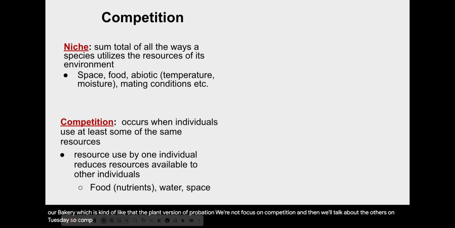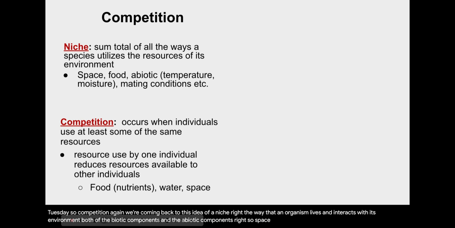So competition, again, we're coming back to this idea of a niche, right? The way that an organism lives and interacts with its environment, both the biotic components and the abiotic components, right? So space, food, temperature, mating.